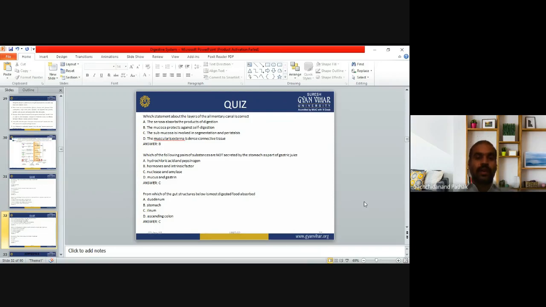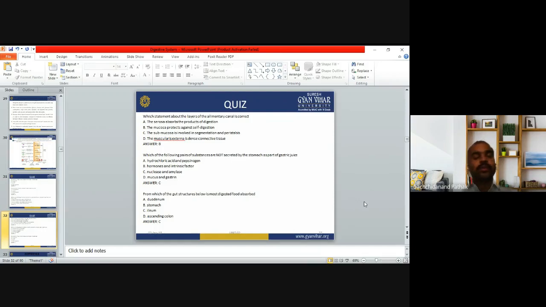First, hydrochloric acid and pepsinogen. I think both are secreted in the stomach. Hydrochloric acid is secreted by the parietal cells, and pepsinogen is secreted by the chief cells, and all these cells are present in the stomach. So the stomach secretes these things, and they are part of the gastric juice. So obviously A is incorrect.